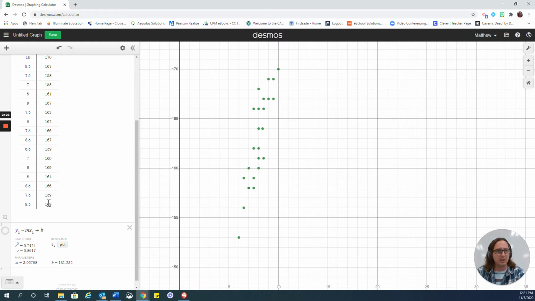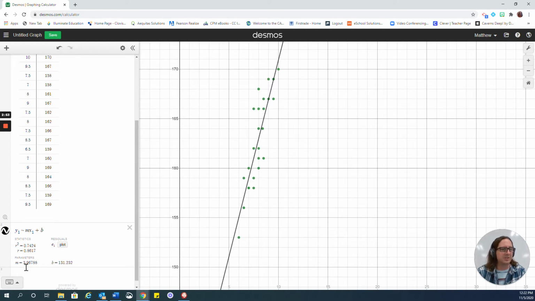So let's go ahead and type in our least squares regression line. Thank you, best friend Desmos. You have just done my least squares regression line for me. So it tells us that our least squares regression line should have a slope of 3.96788. Oh, Desmos, you're so exact. Let's go ahead and round that. Let's say our slope is going to be 3.97.